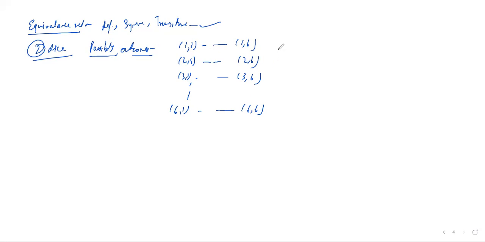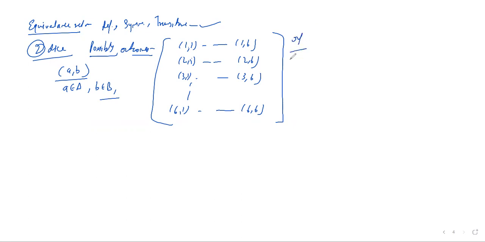Now one thing to note: the ordered pair a comma b is from the set where a comes from set A and b comes from set B. So I want to check whether reflexivity, symmetricity and transitivity all hold for this. If all three of them hold, then we say that this is an equivalence relation, otherwise not.